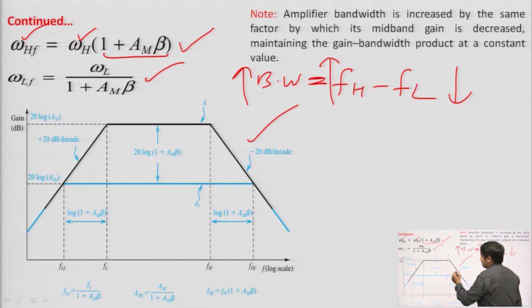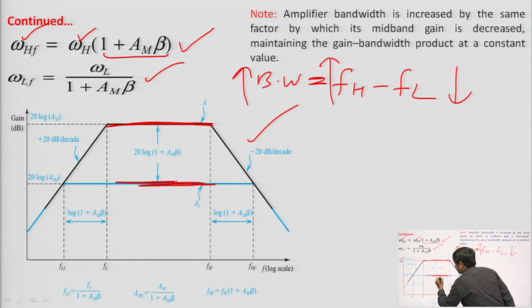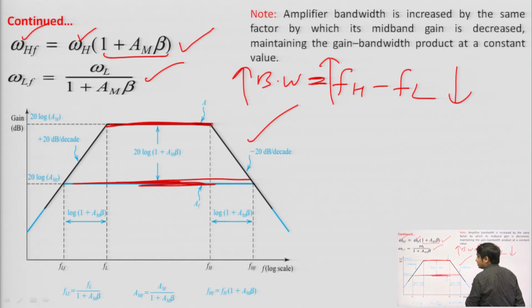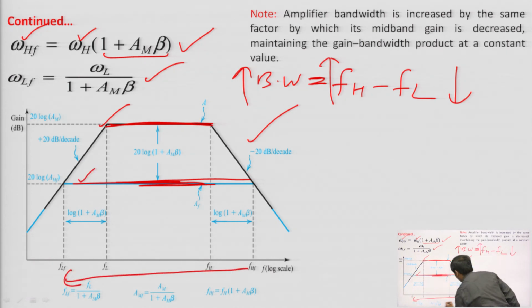You can see that this black line is for open loop gain without feedback, and when we apply the negative feedback, the gain is reduced. Initially your gain was A, now your gain is AF, but your bandwidth is enhanced. So, we are getting the higher bandwidth with the reduction in the gain.